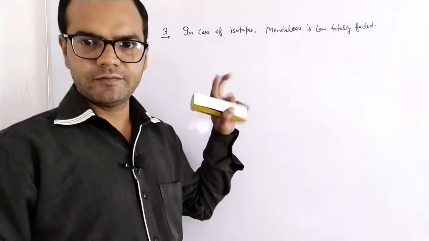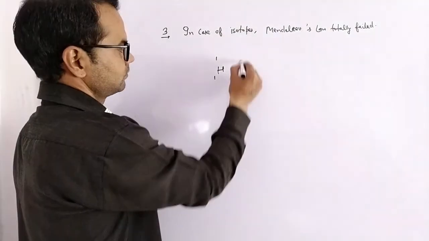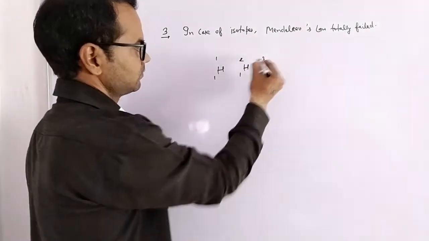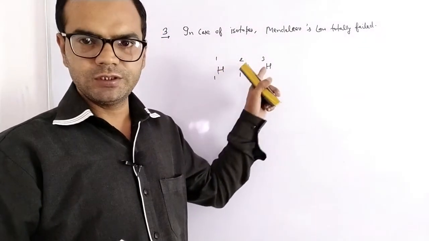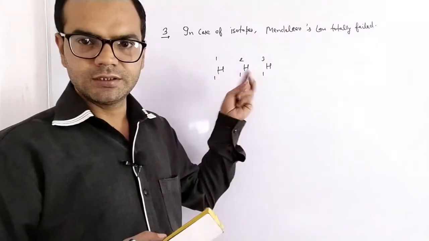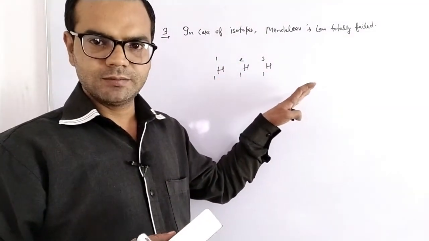For example, hydrogen has 3 isotopes. Atomic number is 1, but mass numbers are different: 1, 2, 3. So hydrogen must be placed in 3 different groups in increasing order of their atomic mass.